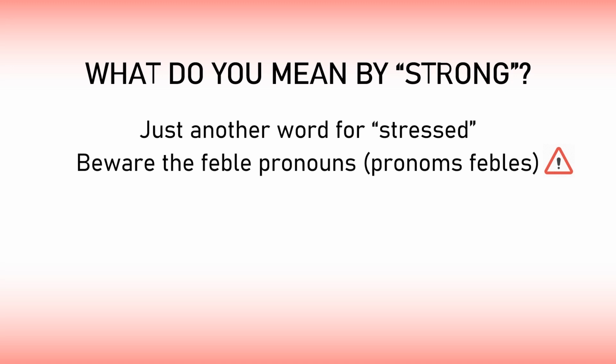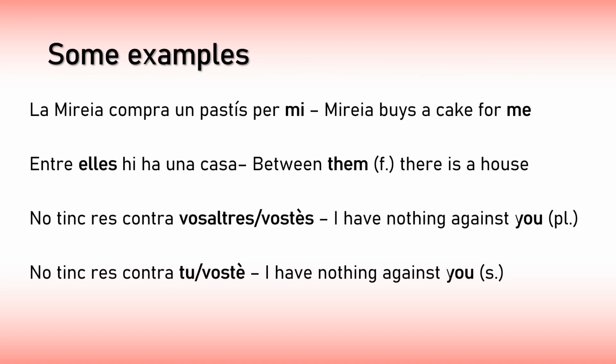So finally, some examples for you to see these applied in actual sentences. La Mireia compra un pastís per mi. Mireia buys a cake for me. As you can see, in this case, the preposition is per, which in English would translate in most cases with for, because the action is performed on me.